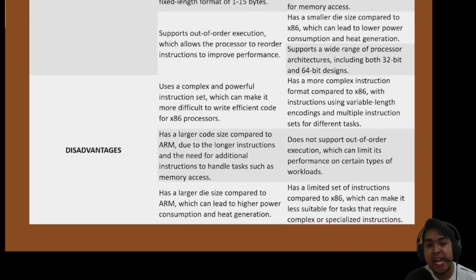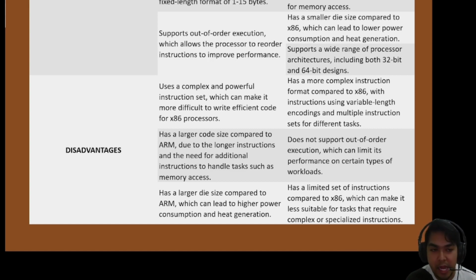For the disadvantages, X86 uses a complex and powerful instruction set, which can make it more difficult to write efficient code for X86 processors. X86 also has a larger code size compared to ARM due to the longer instructions and the need for additional instructions to handle tasks such as memory access.